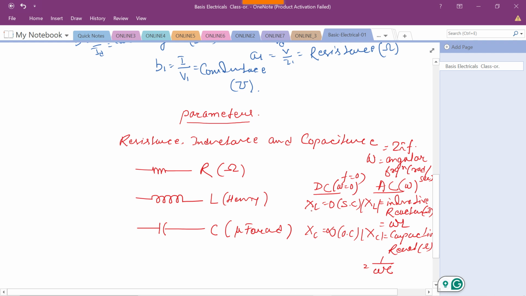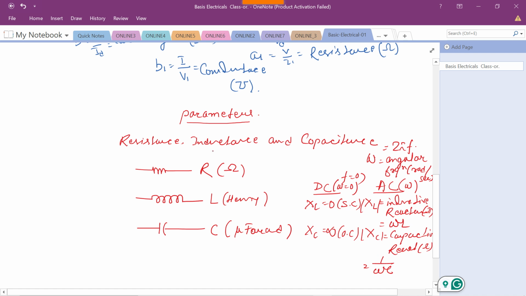That means when you apply DC, the inductor is short circuited, and the capacitor behaves like an open circuit. But when you apply AC frequency, it has a certain value that depends on the value of L and omega.